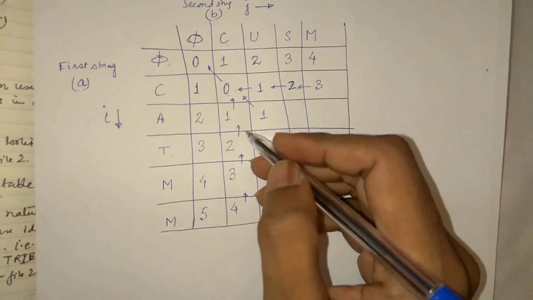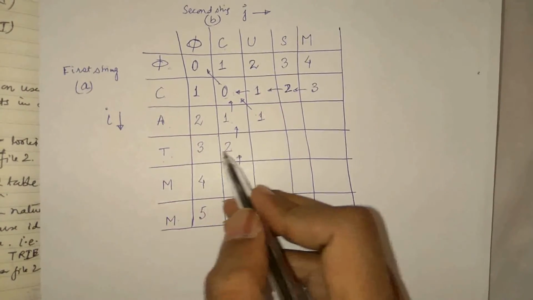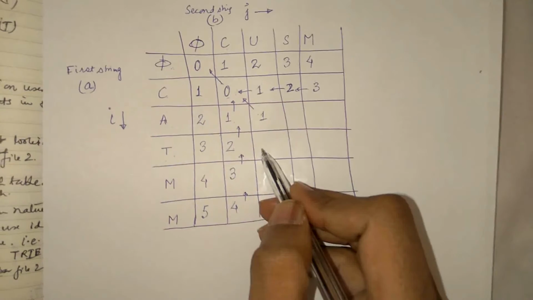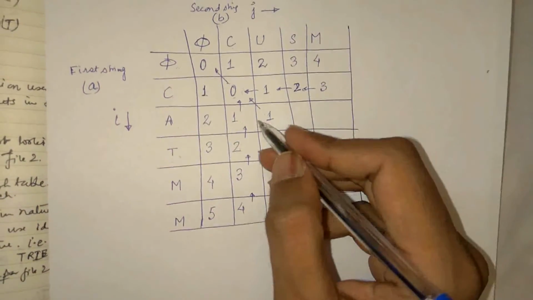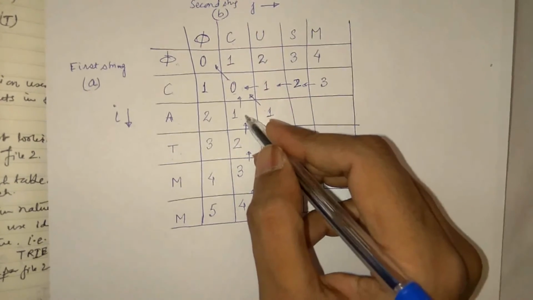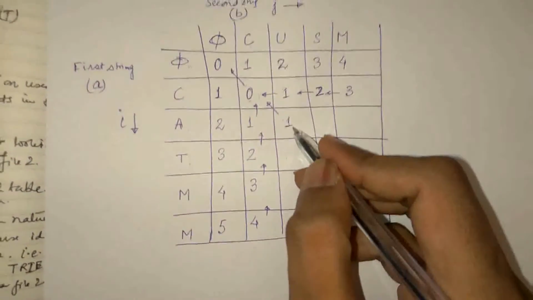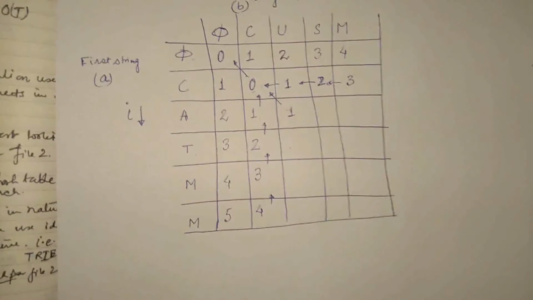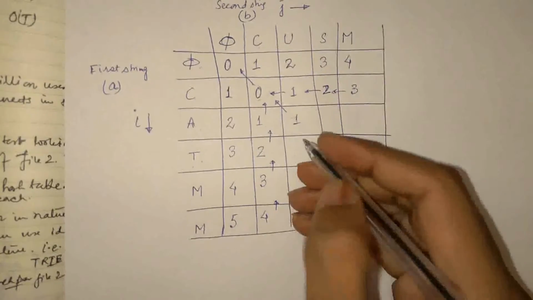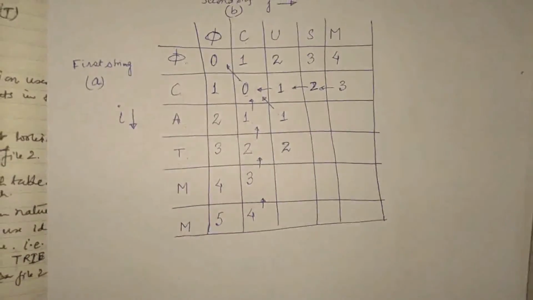Now here U and T do not match, right? The minimum of this is this also, but which one has to be picked? That is the question. Take any one, but add 1, but we need to see the direction also.